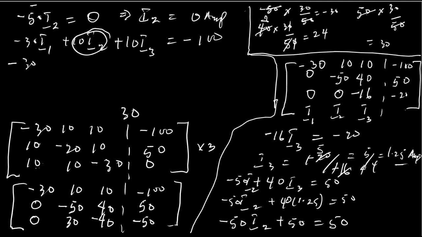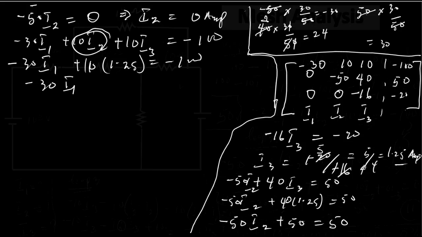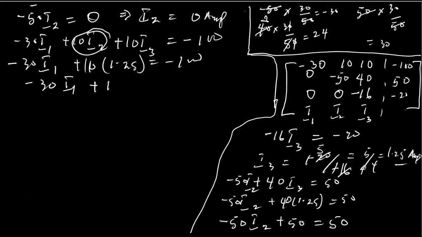So that's minus 30 I1 plus 10 into 1.25 equals minus 100. So that minus 30 I1 plus, that's 12.5, is equal to minus 100.